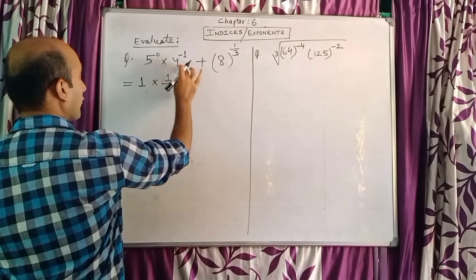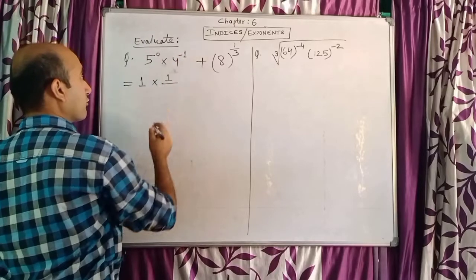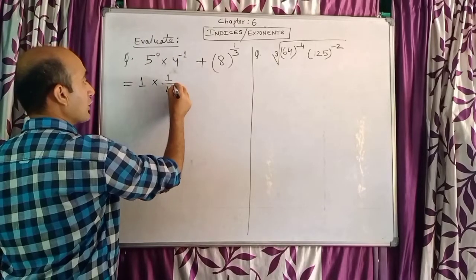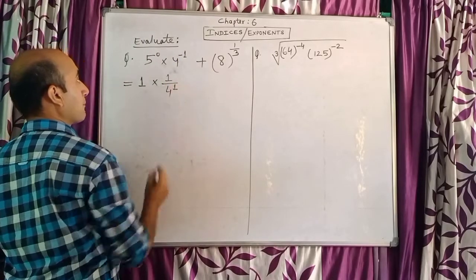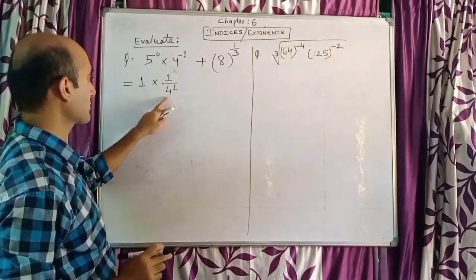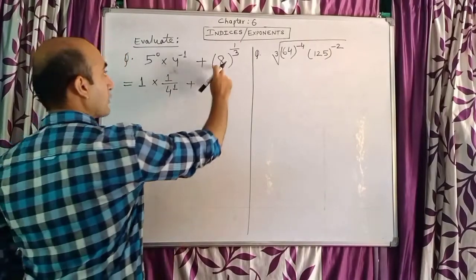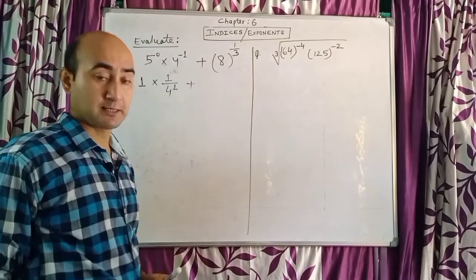So below 4 there is 1 as denominator, so I wrote 1 at the top and 4 you bring down. Now your negative power becomes positive, so minus 1 became positive power. So this is 4 to the power 1 plus, now here we have 8 to the power 1 by 3.